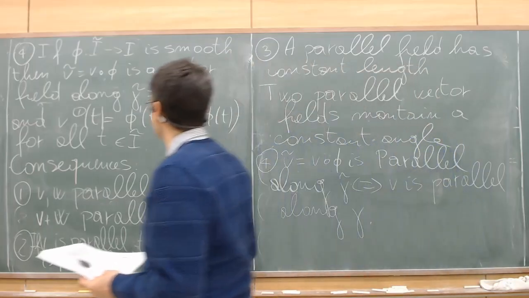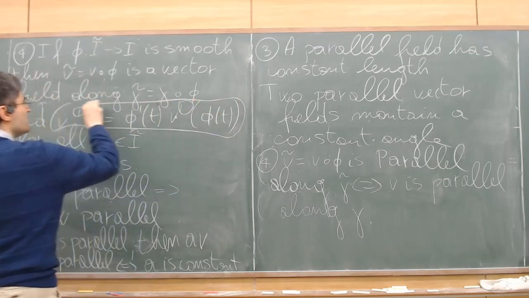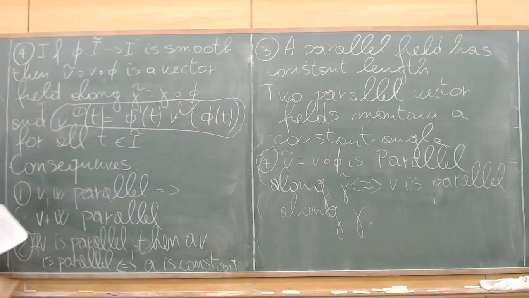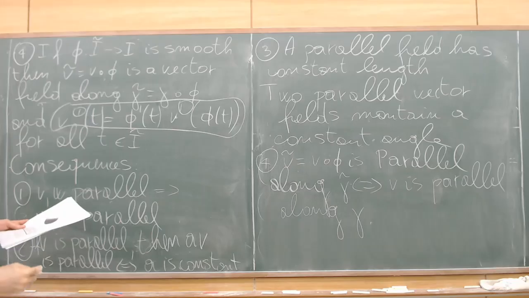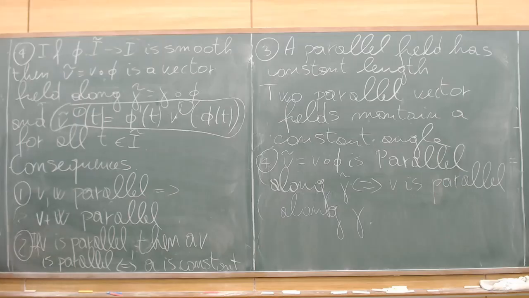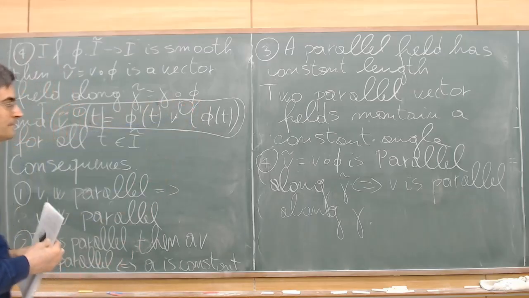This follows from this formula. If V is parallel, this is 0, then this is 0. I made a typo. This is V tilde, excuse me. So V tilde O prime is 0 because this is 0.